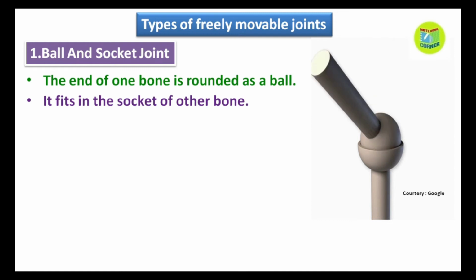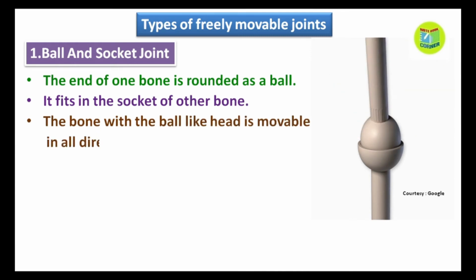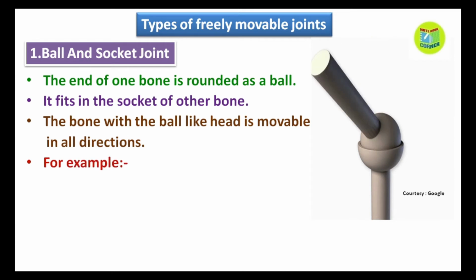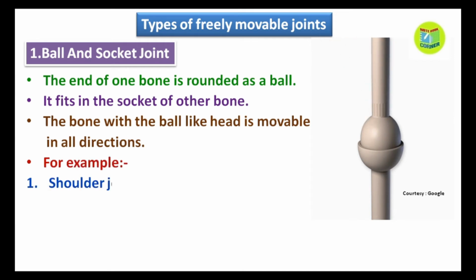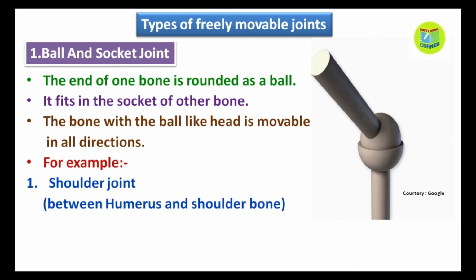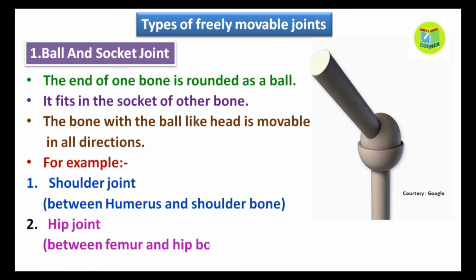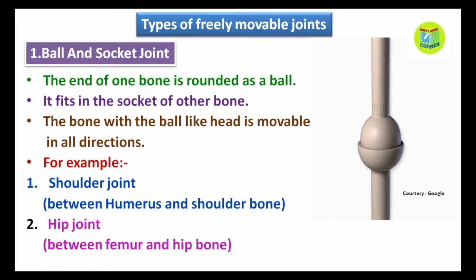The bone with ball-like head is freely movable in all directions. For example, the shoulder joint between the head of upper arm bone, that is humerus, and shoulder bone, and hip joint between thigh bone, that is femur, and hip bone are ball and socket joints.